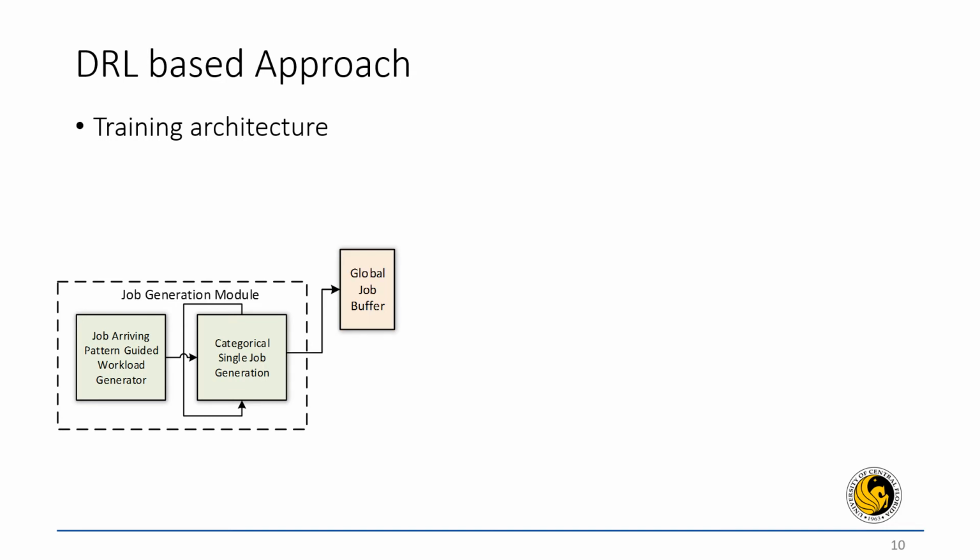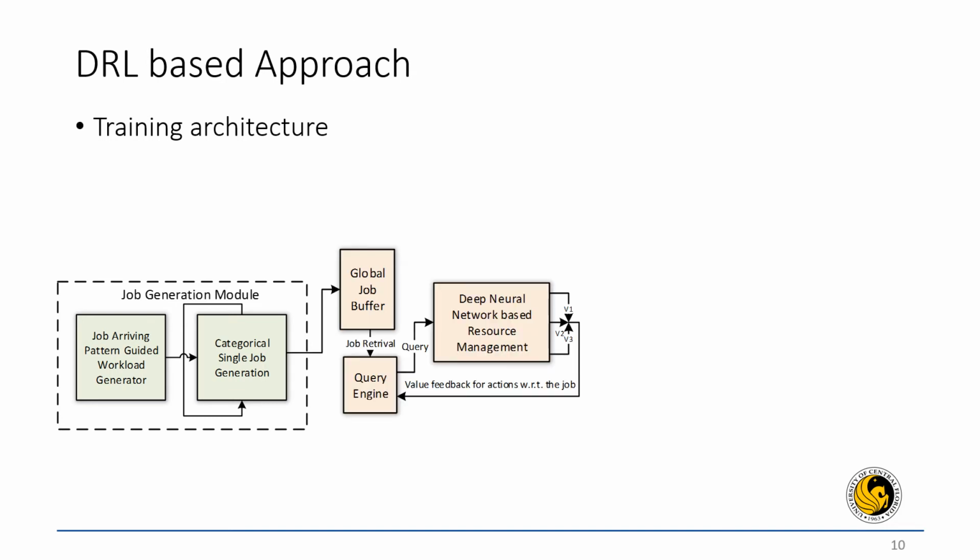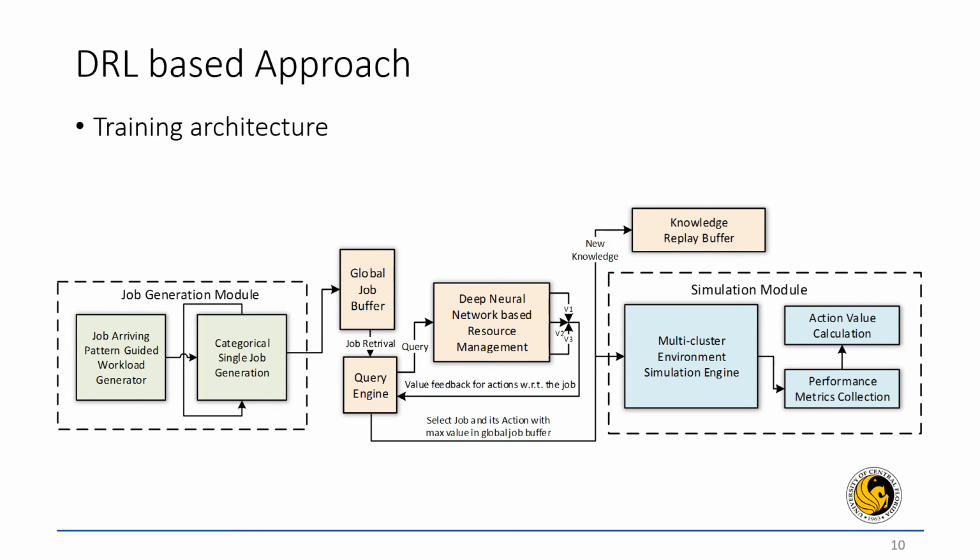When the job buffer is non-empty, the query engine queries our deep neural network for action values of each job and selects a job and its action with max value in the global job buffer. This job will then be deployed to the designated cluster for execution, and this scheduling knowledge is recorded as an experience in the knowledge replay buffer.